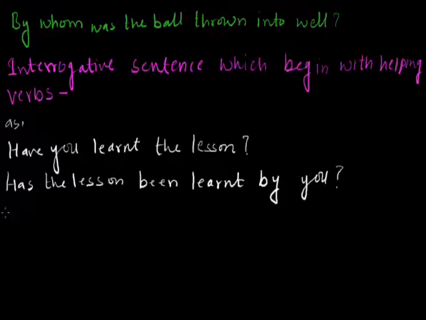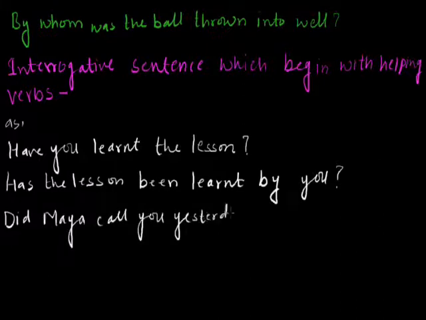Okay, let's see some more examples. Did Maya call you yesterday? In this sentence also, the sentence begins with the helping verb did. Okay, and did is used in the simple past tense, so this sentence is in simple past tense, and the passive voice of this sentence will be in the past tense, so we will use was and were to make the passive voice of this sentence.